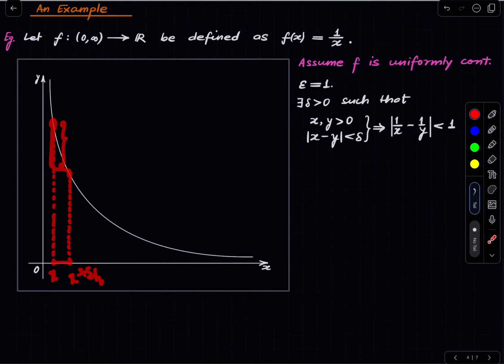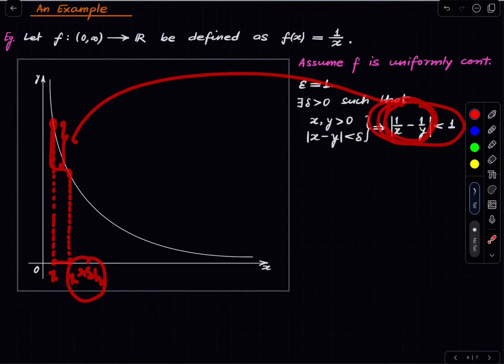This vertical distance is what appears here. Alright, and it should be visually clear that as you slide the point x to the left, keeping y equal to x plus delta by 2, so as you slide this line segment towards the left and keep coming closer to the origin, this vertical distance keeps on increasing. You can animate this in your mind.